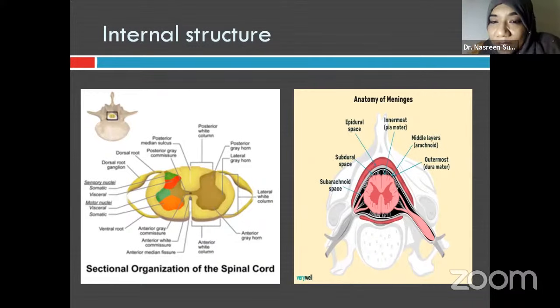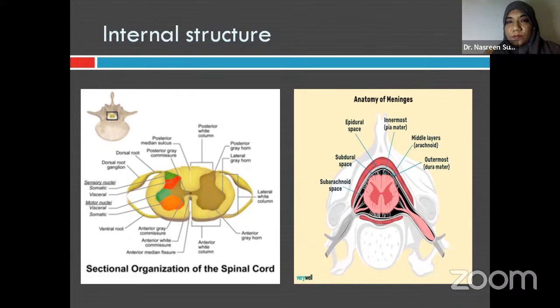Then the space between the gray line and the white line is called the subdural space, because it is present below the dura mater. And the space which is present above your dura mater is called the epidural space, because it is present above: epi above, sub below. Subarachnoid space, subdural space, and epidural space.